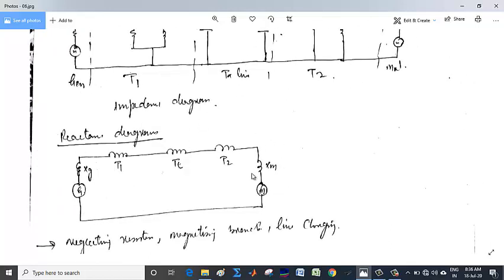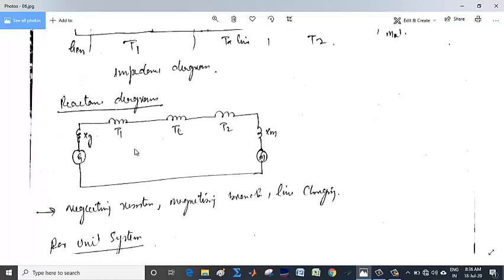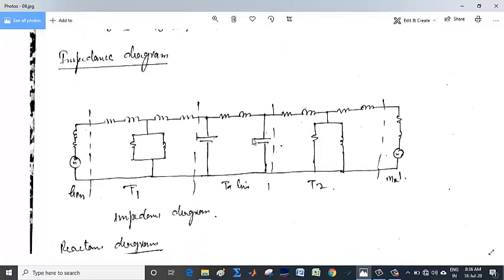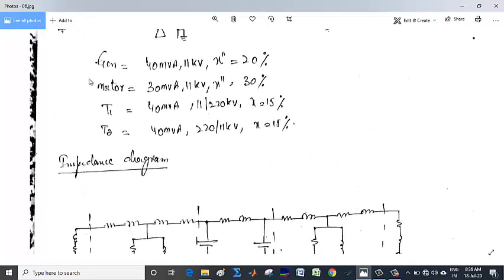It's very simple. After doing this, analysis of the reactance diagram is very simple, and we particularly go for the reactance diagram, not for the impedance diagram. You can see here also that in the single line diagram given above, only reactances are given: X double dash, X dash, X double dash, X. There is no resistance given, no capacitance given, no magnetizing branch given.